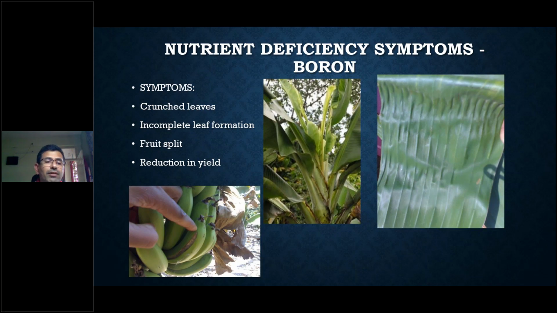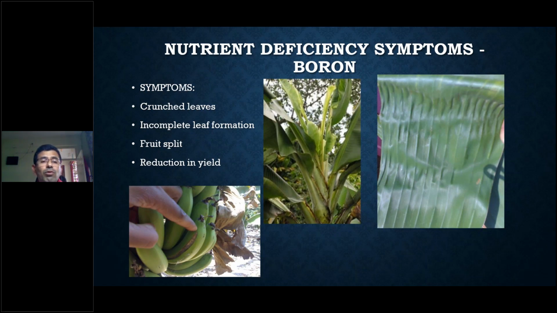Then fruit split. Fruit split happens due to two things. One is boron deficiency. The other is, if you give excess watering to the banana plant 1 or 2 days before harvest, fruit split will occur.